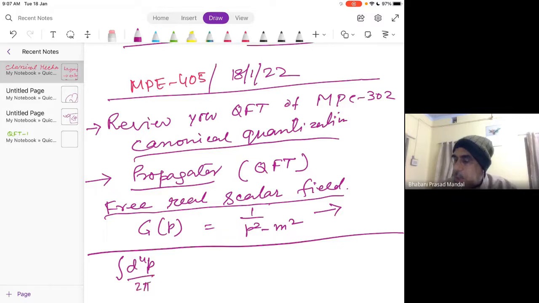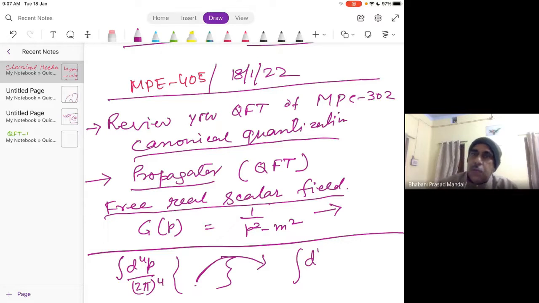Maybe this is not very clear right now, but for the time being just understand that we need to do some integration of the momenta. And this quantity, the propagator, may come in the integrand. So if you have d4p and then 1 over p square minus m square, then there will be a problem. Let me explain what the problem is.